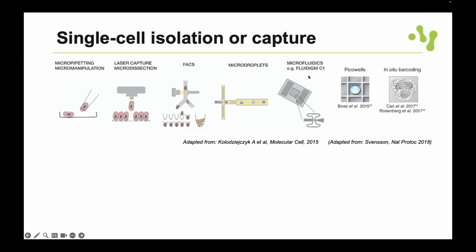What they did was isolate individual cells and transfer them into individual compartments that could later be picked out. Then there were the picowells I mentioned, and in situ barcoding, where each cell itself becomes a reaction chamber and reagents can flow in and out of the cells.